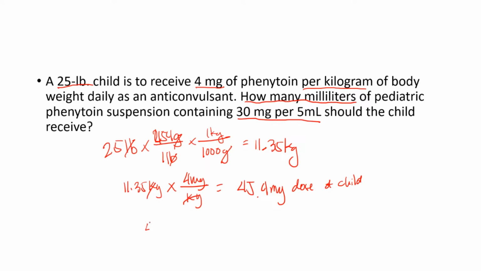So 45.4 milligrams times 5 ml per 30 milligrams. Lalabas dyan ay 7.56 ml.